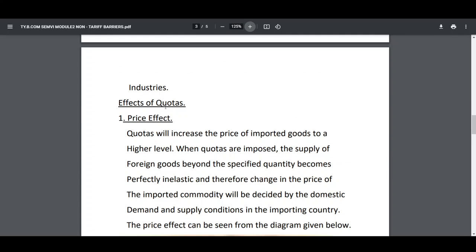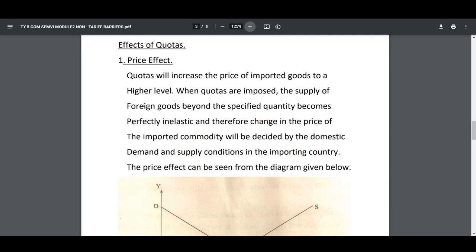Next is the effects of quotas. First one, price effect. Quotas will increase the price of imported goods to a higher level. When quotas are imposed, the price of imported commodities will increase.